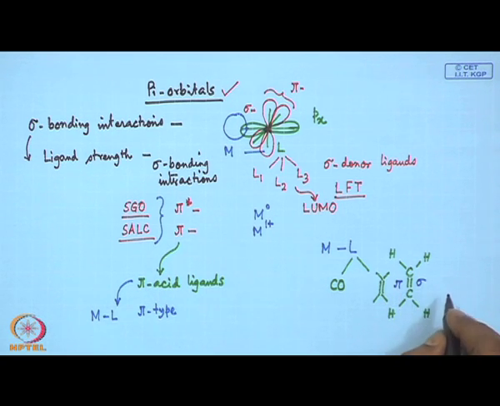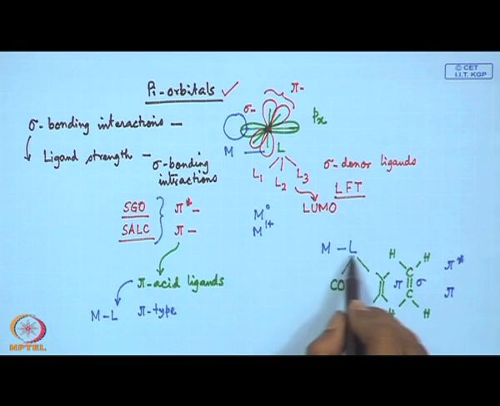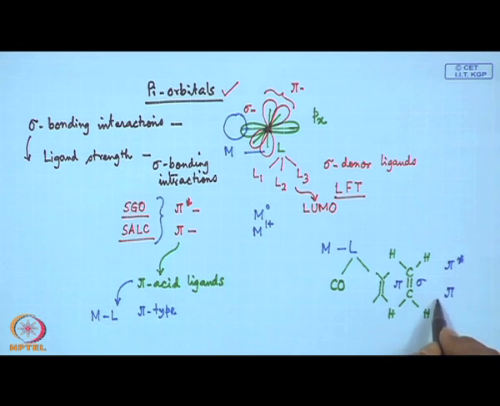So, if we have ethylene as our ligand, we can have two pi type orbitals already present in the molecular orbital picture of the ethylene molecule. So, we have the pi star and the pi orbitals present in the ethylene molecule. What we see is that we can find some interaction with the metal orbitals, where this pi orbital containing some electrons can be used as the donor orbital to the metal center.